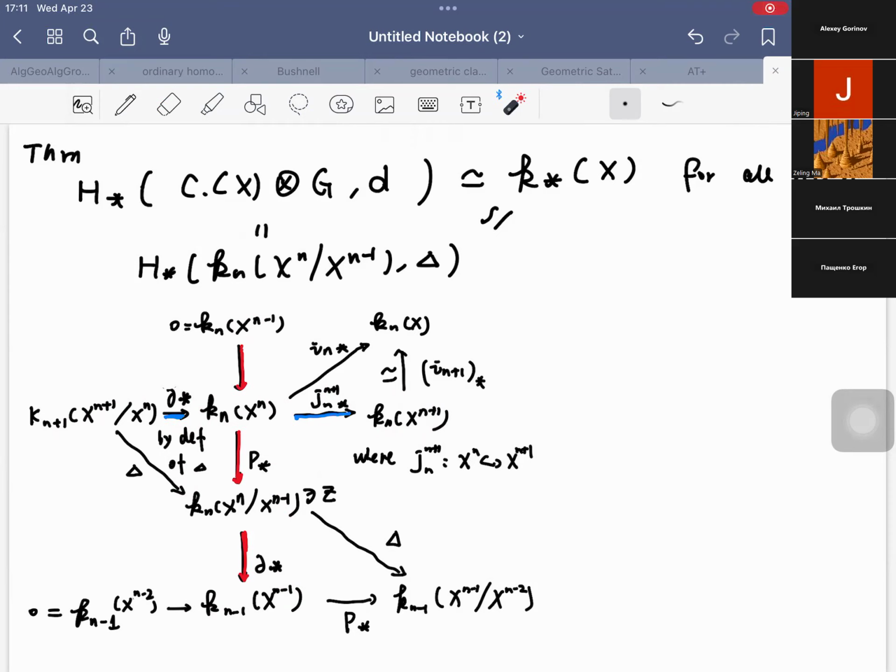And similarly, the blue arrows in the middle come from the long exact sequence of what?